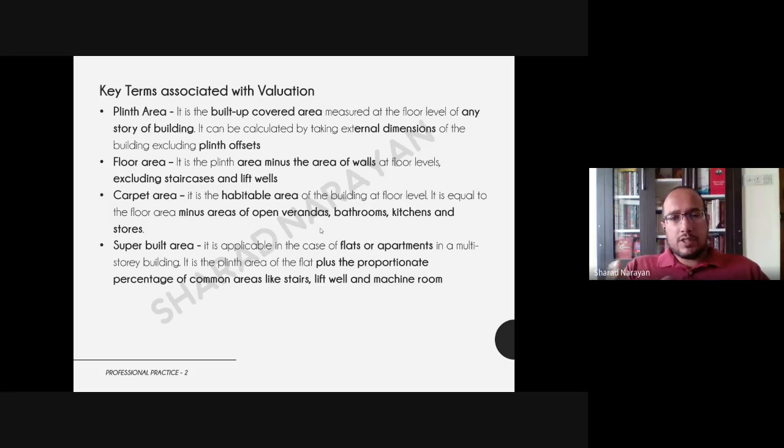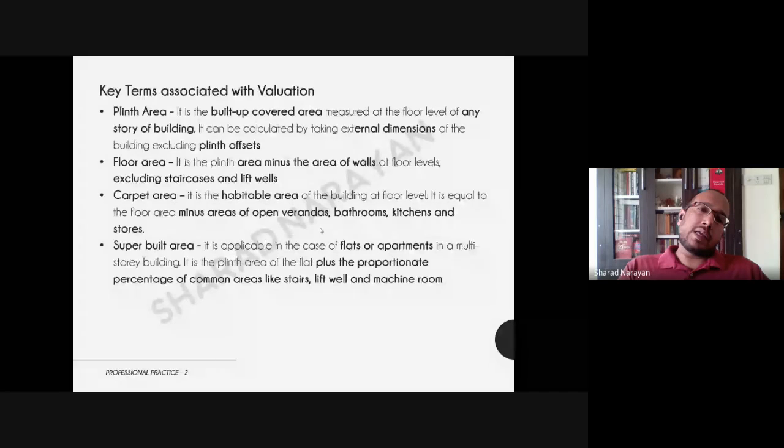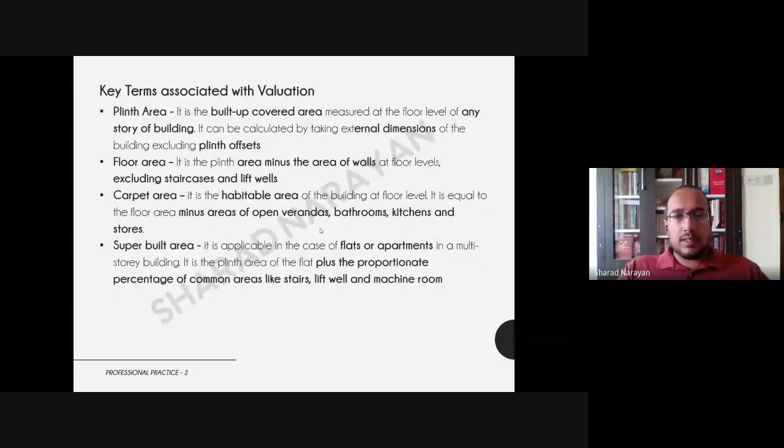Take into consideration those common areas where you have ducts, staircases, and so on, and you equally divide them by the number of units that are there as a part of the apartment complex. So let us say your apartment complex has around 40 units.